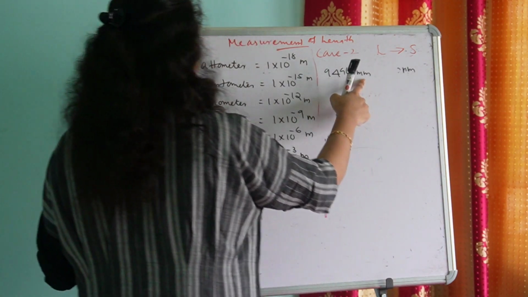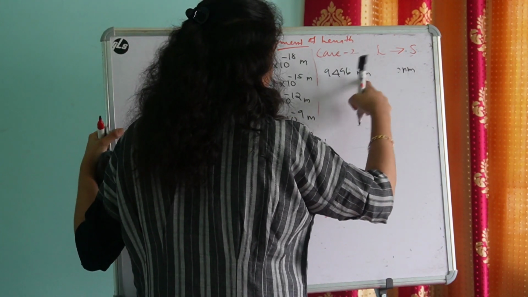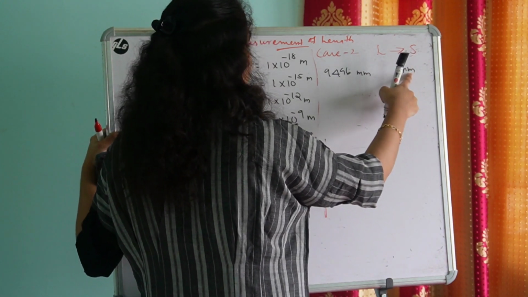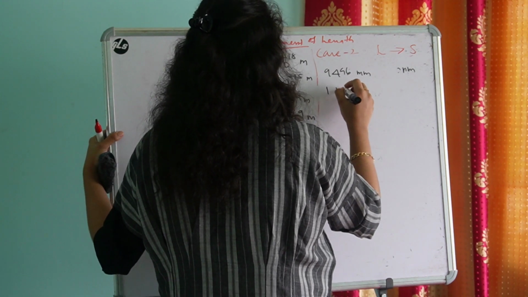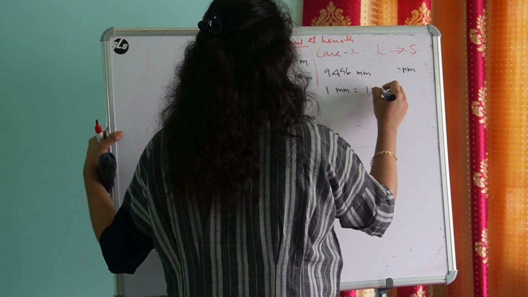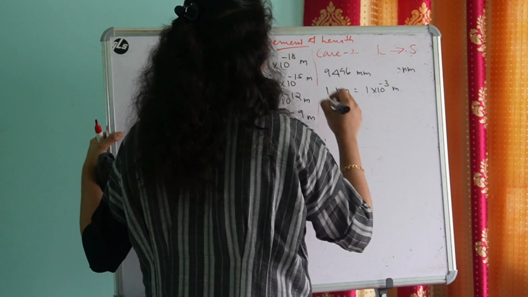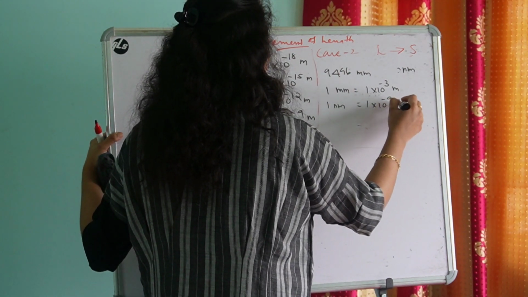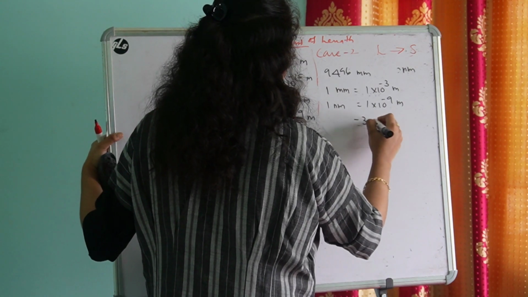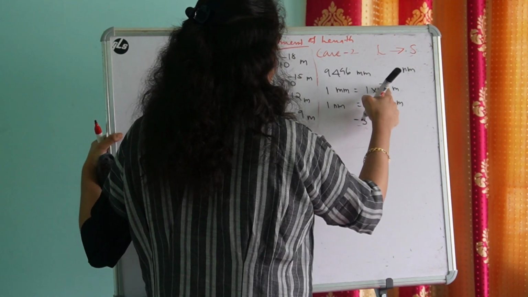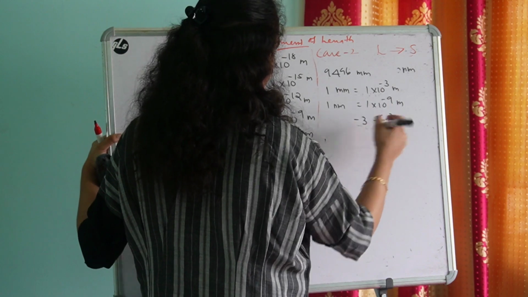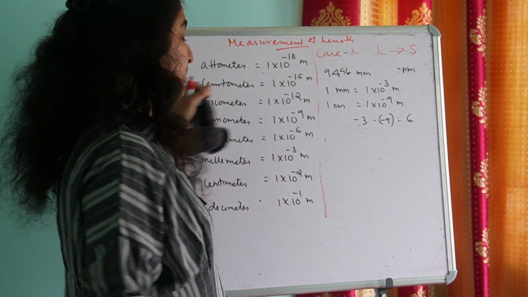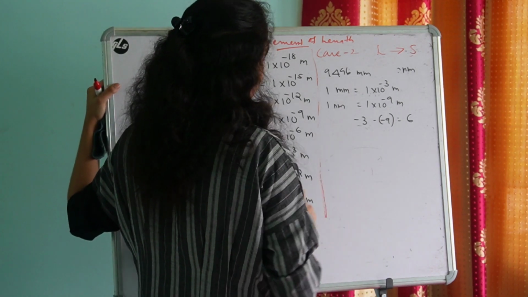Millimeter is greater than nanometer, so the value is given in a larger unit and I am asked to find it in a smaller unit. 1 millimeter is equal to 1 into 10 power minus 3 meter. Again 1 nanometer is equal to 1 into 10 power minus 9 meter. Minus 3 is greater than minus 9, so the difference between these two powers is 6.